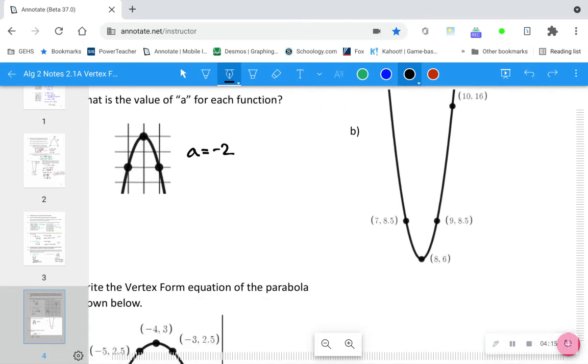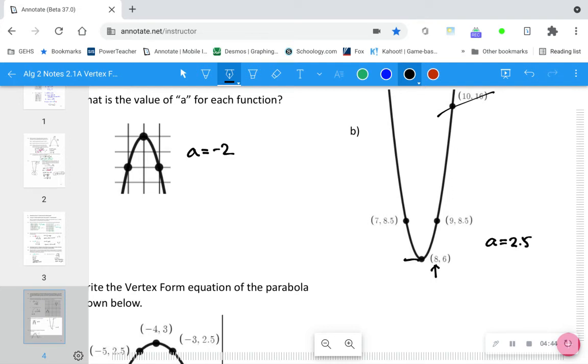Now, if you have the actual values, we've got these points here, and you'll notice that it's got an 8 for the h value, so 7 and 9 are the ones that are 1 to the right and 1 to the left, and I'm going to ignore that one up there. And it looks like if you compare these, it goes up 2.5, so a is going to be 2.5.